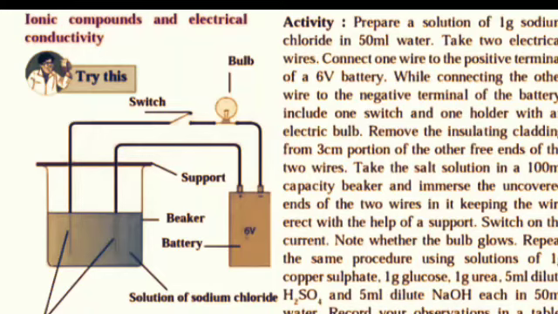In the above activity, the circuit is found to be complete when the aqueous solution of NaCl, CuSO4 and H2SO4 are used. It means that these solutions are conductors of electricity.